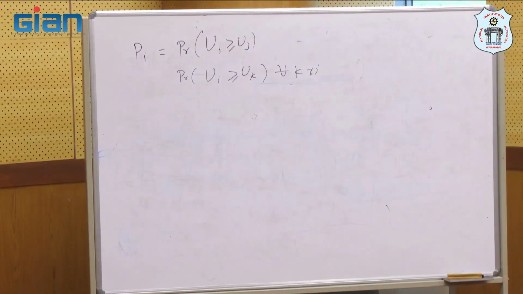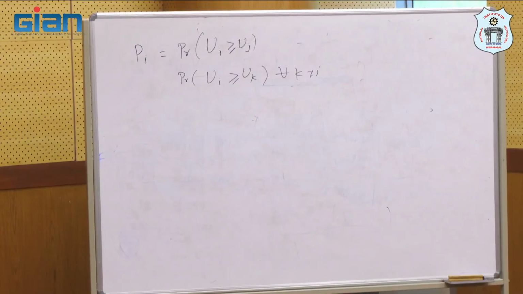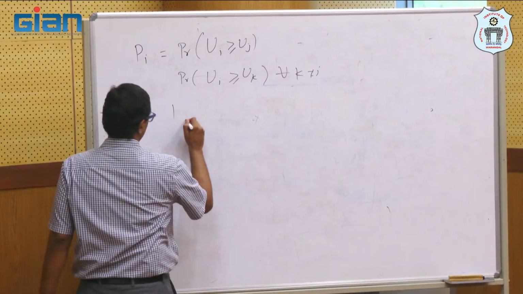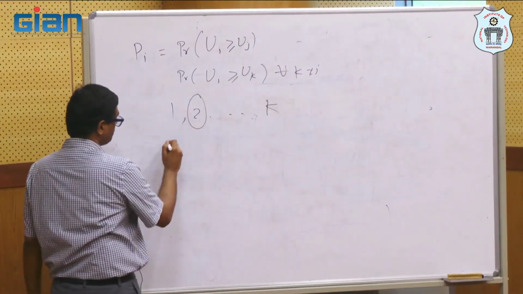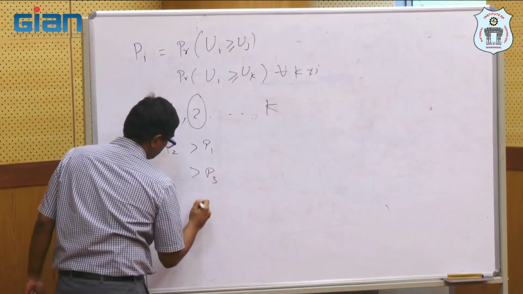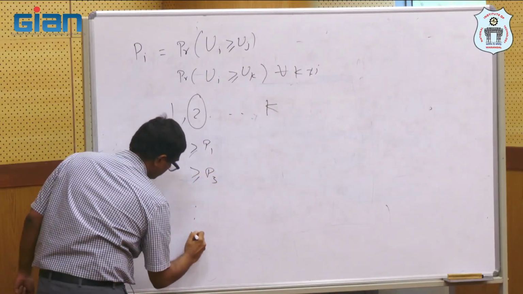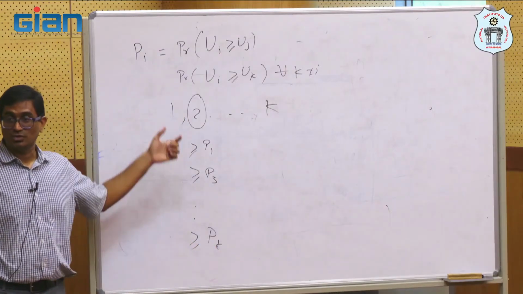So not only should U1 be greater than U2, it must also exceed U3 and U4. If I'm interested in alternative 2, U2 should be greater than U1, greater than or equal to U3, simultaneously. It has to hold simultaneously. All of it, right?